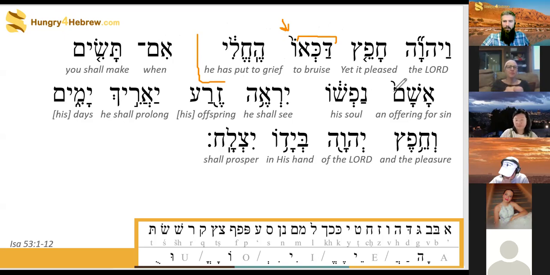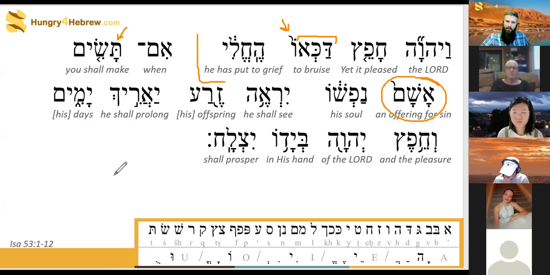Im tasim asham nafsho, when, tav there, she or you shall put or set asham. Asham is to be guilty for something. Yeah, it's interesting. Asham is an offering for sin, isn't it?